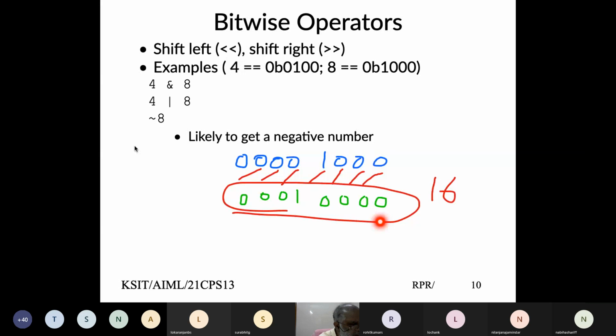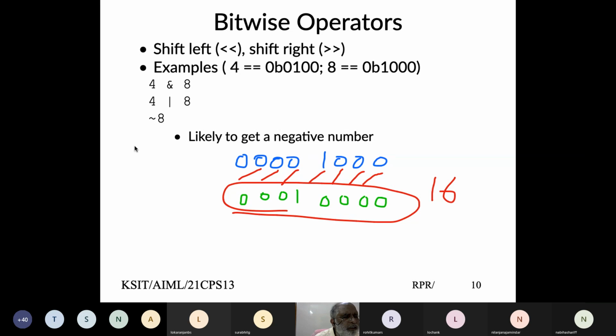If it is 0, it will remain 0. If it is 1, it will get filled by 1 because of a negative number. Hence, shift right becomes division by 2, shift left becomes multiply by 2, and so on.